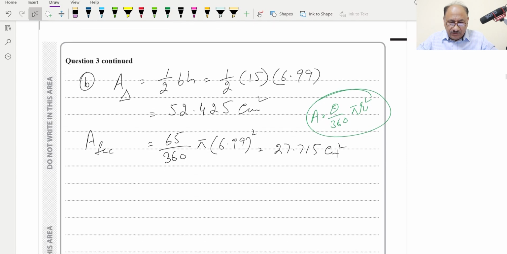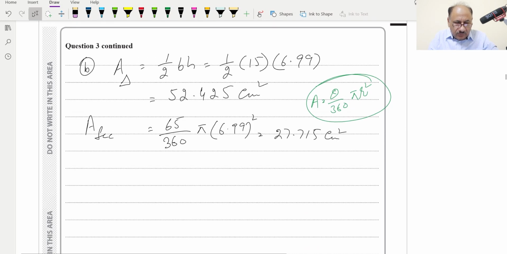Now from area of triangle we can find the shaded area.